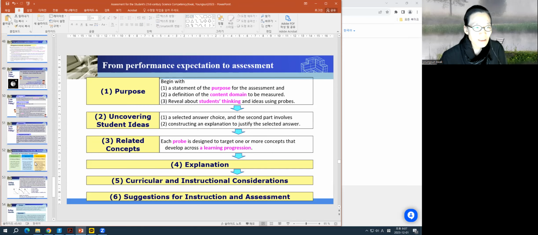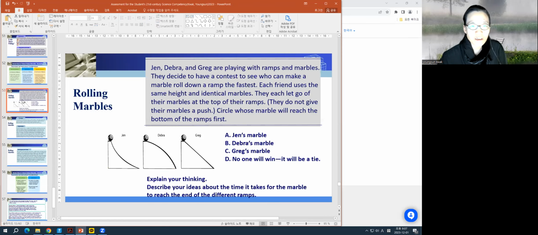So let's talk about another assessment that you can use to assess your students' competency. This one is the situation. Three students are playing with a ramp and marbles.